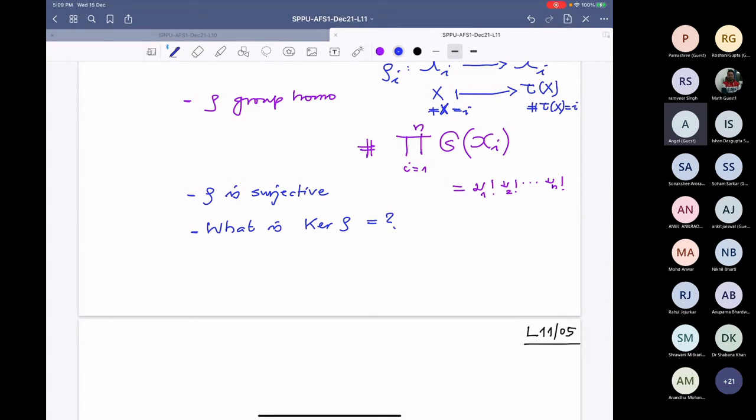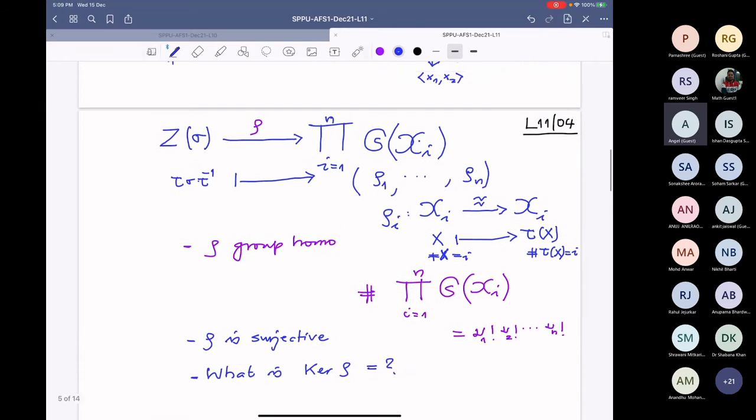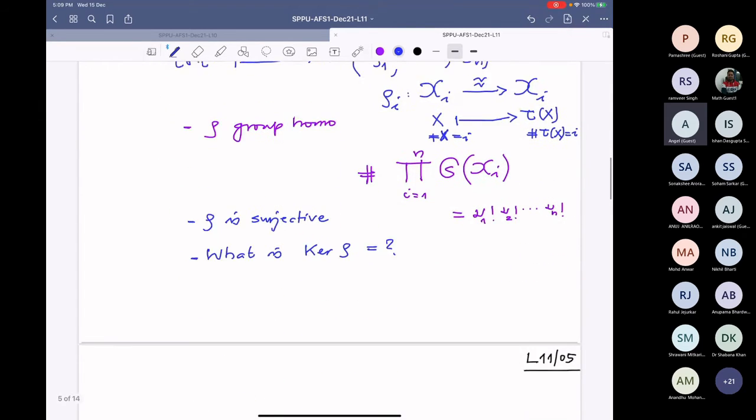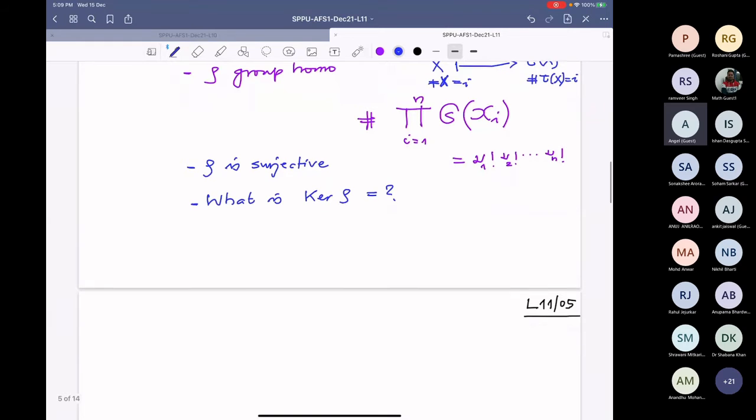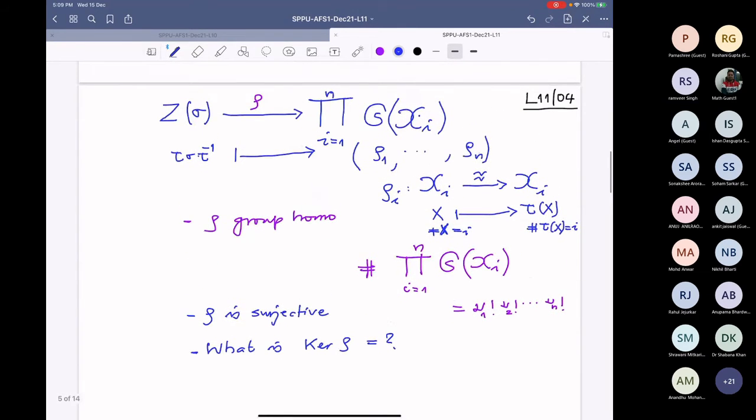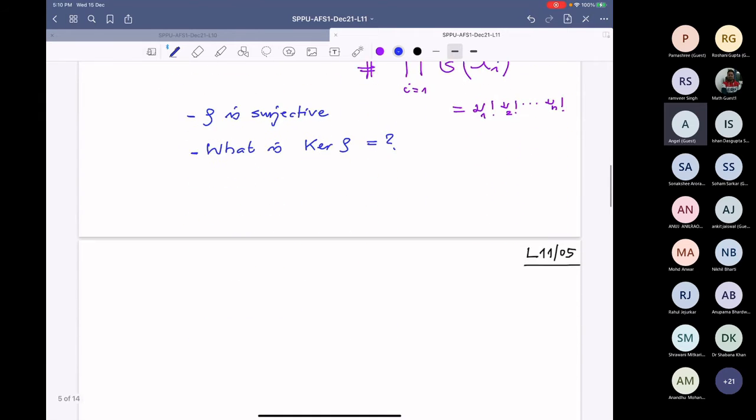If I know this, then by the first isomorphism theorem for groups, as Nitin's lecture also covered, this modulo the kernel will be isomorphic to this group, and therefore I will know the index. And if I know the kernel precisely, and its cardinality, then I will know the cardinality of Z sigma. So I will tell you what is the kernel.